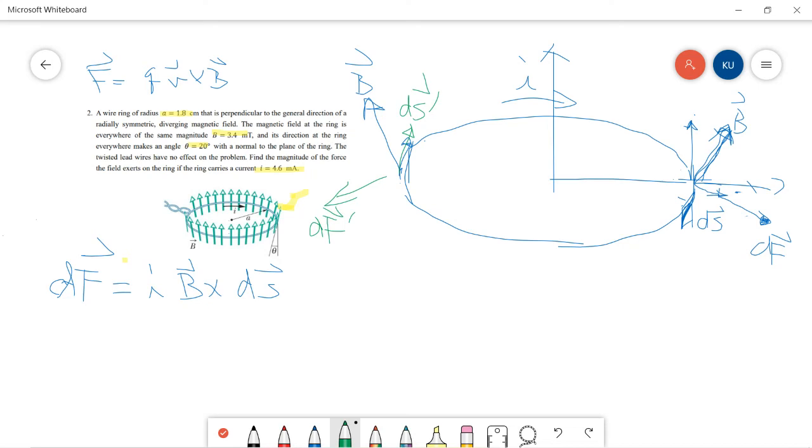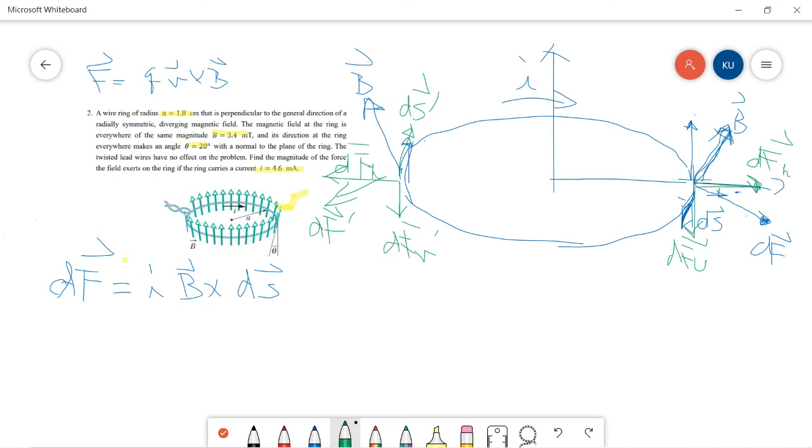So we can consider that dF can be separated into two components, a horizontal one and a vertical one. This is the dF vertical, and this is the dF horizontal.